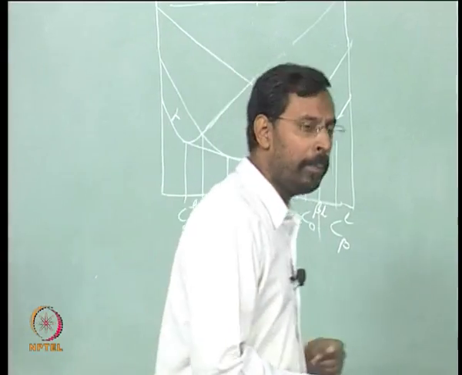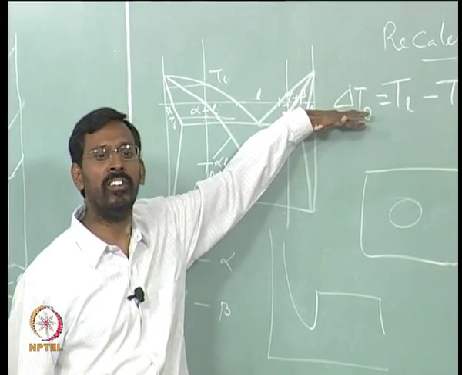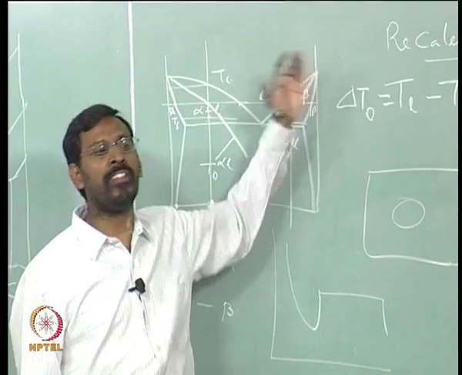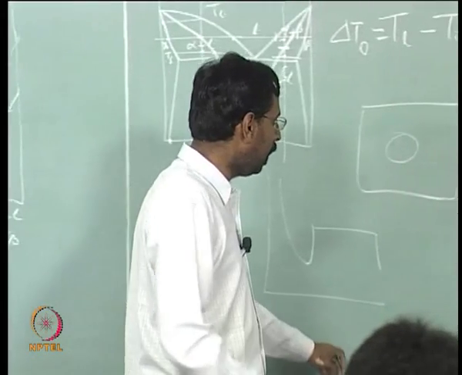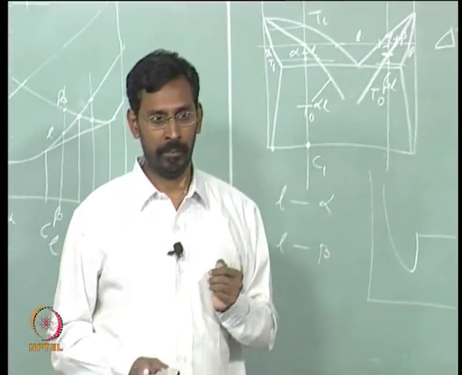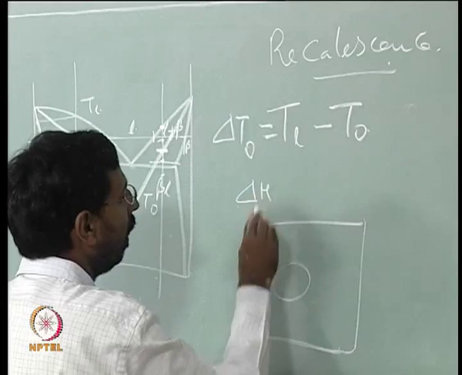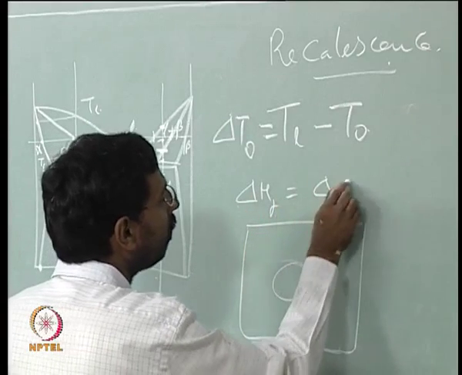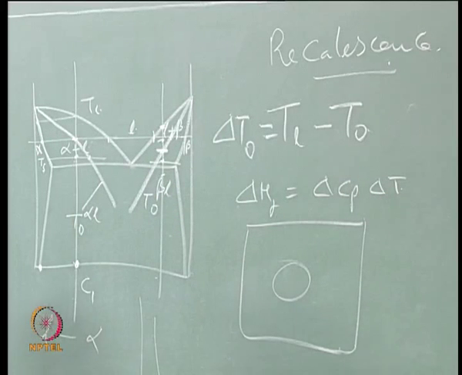So, that is why people now say that the minimum undercooling that you need to give is not just this plus something. How do I get that plus something? That plus something can be obtained simply if I know the amount of enthalpy that is released. Okay. So, if I know that delta H F is nothing but delta Cp into delta T, am I right?